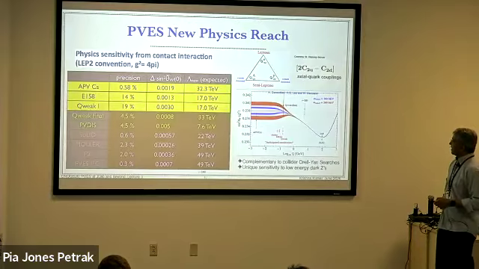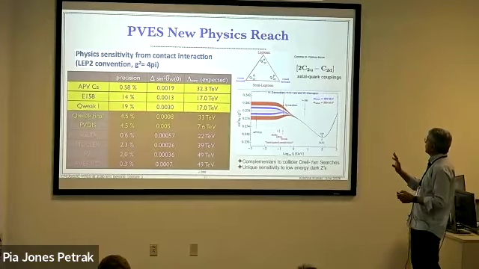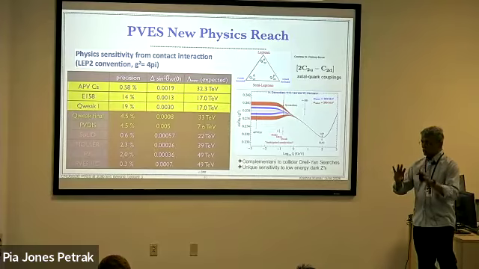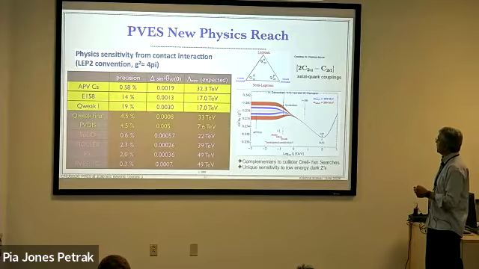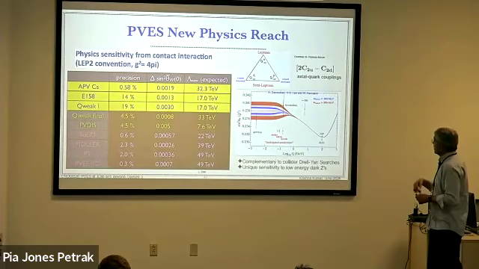So this sort of summarizes the physics reach of all the old experiments and the new experiments, showing you what was done and what is being planned. And this triad here is supposed to show you that it is important for new physics to do purely leptonic, d-quark dominated, and u-quark dominated neutral current searches in order to be as comprehensive as you can.